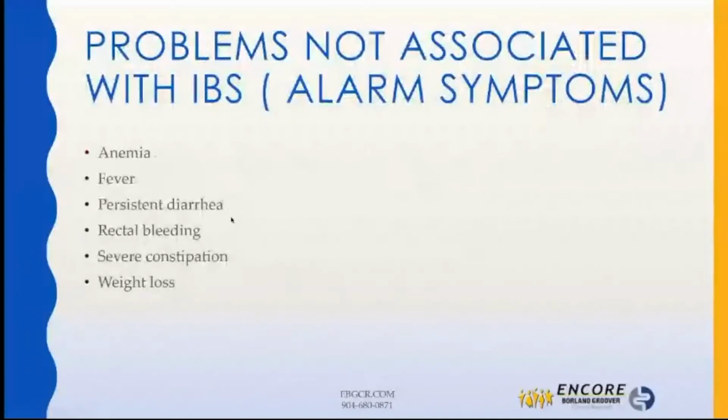So the first thing that goes through our minds as practitioners when we have a patient with this presentation is to make sure that there isn't anything more concerning that warrants investigation.